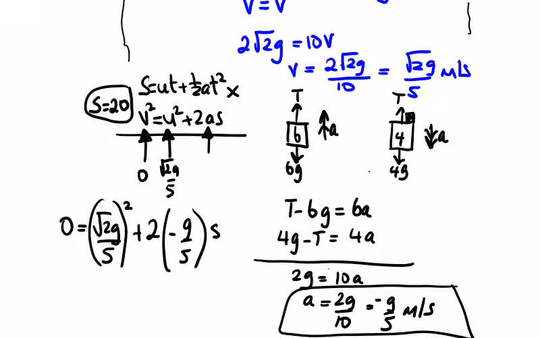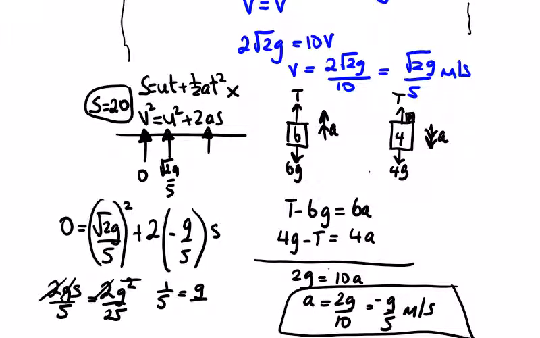So we're going to get 2gs over 5 is equal to root 2g over 5 squared, which is 2g over 25.